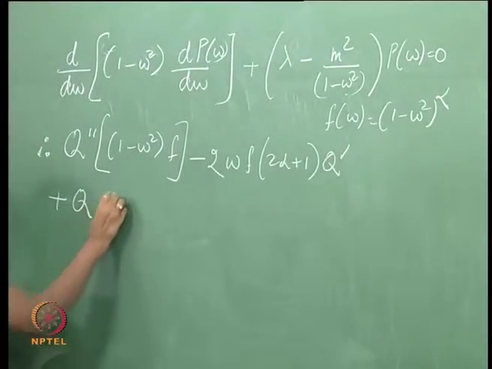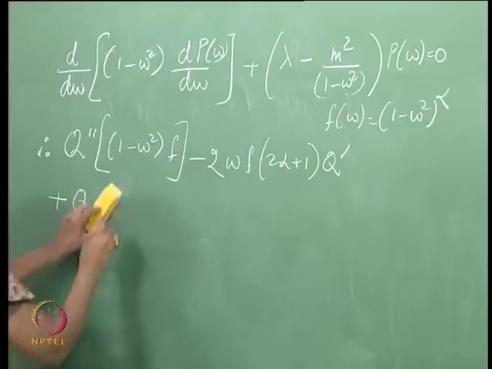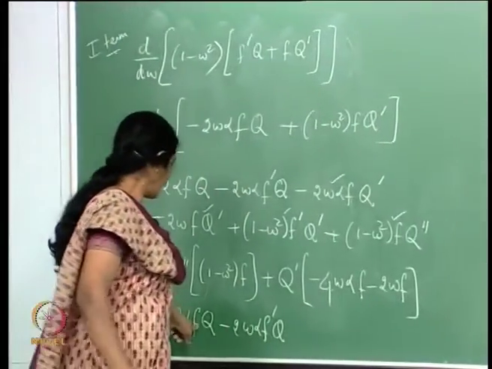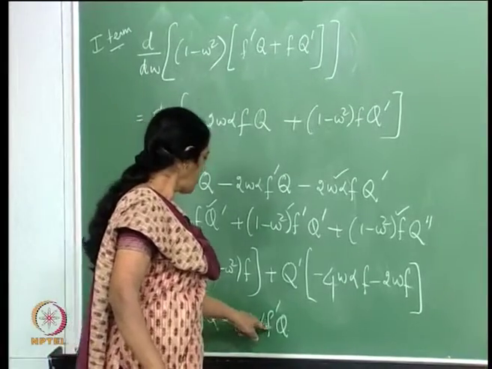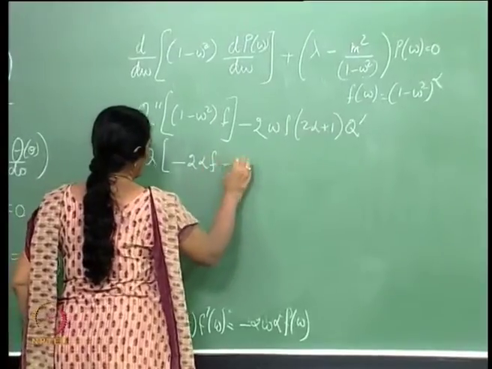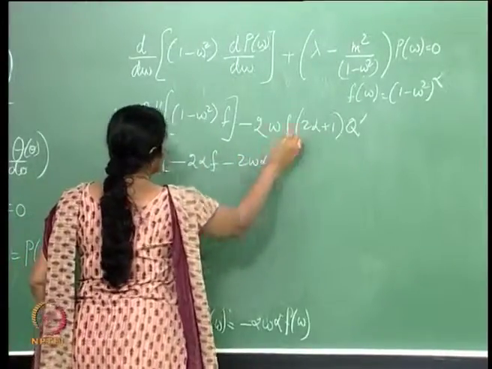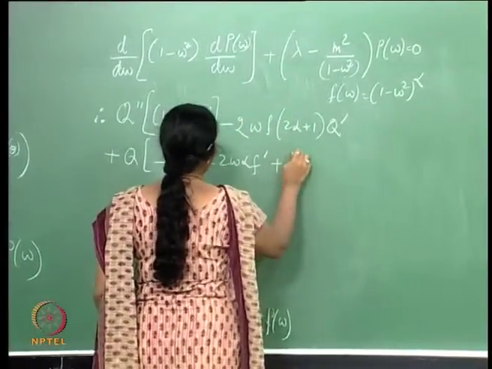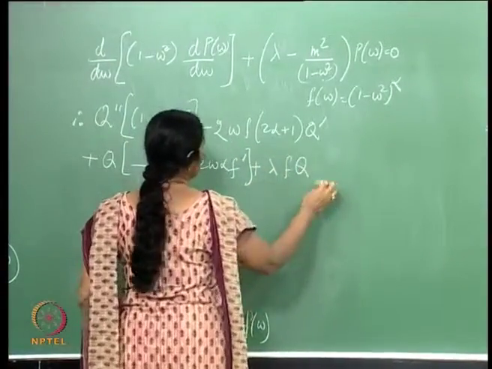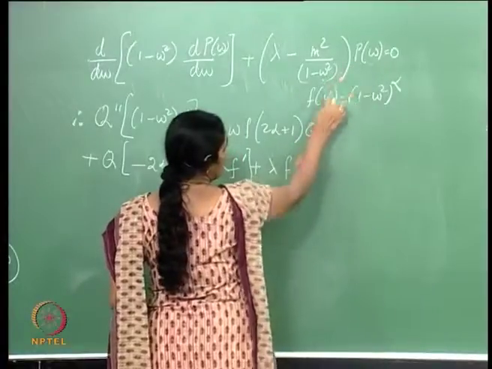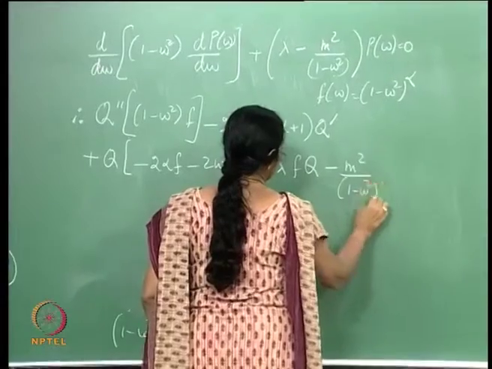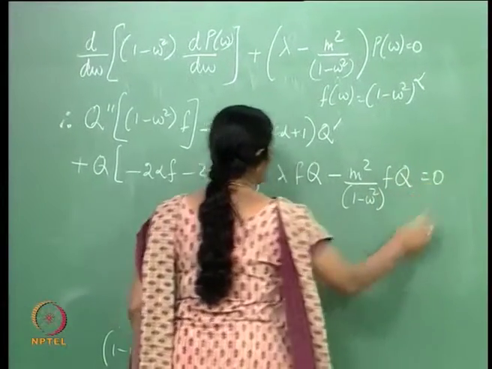From there I have minus 2 alpha f minus 2 w alpha f prime, and from here I have plus lambda f q. Remember that p was f times q, minus m squared by (1 - w^2) f q. This is equal to 0.